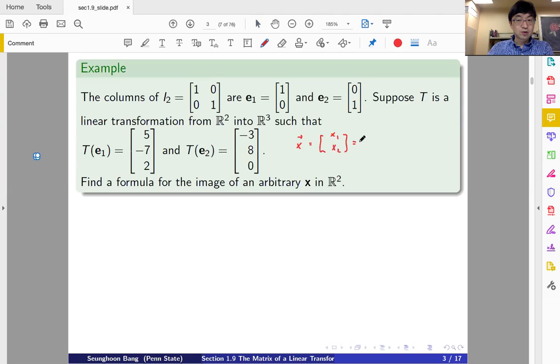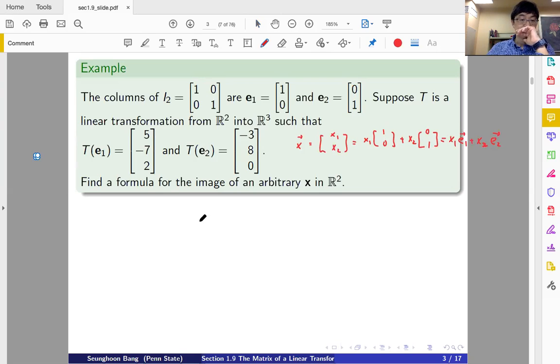We can change this to x1 times 1, 0 plus x2 times 0, 1. This is possible. We can split it as a linear combination using E1 and E2. So this is x1 E1 plus x2 E2.